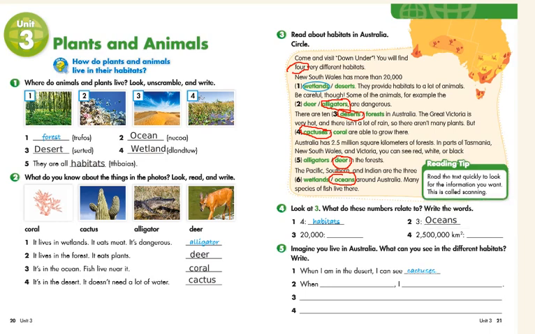20,000. Let's see. Look, it says more than 20,000 wetlands. So we're going to write the word wetlands right here.